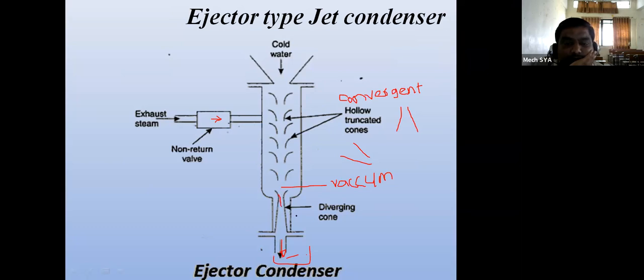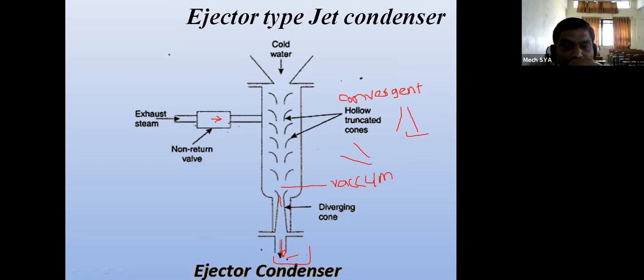Divergent cone means the area goes on increasing. As the area increases, the velocity will decrease, but the pressure will increase and become more than atmospheric pressure. Our intention is what? Flow is always possible from higher pressure to lower pressure.